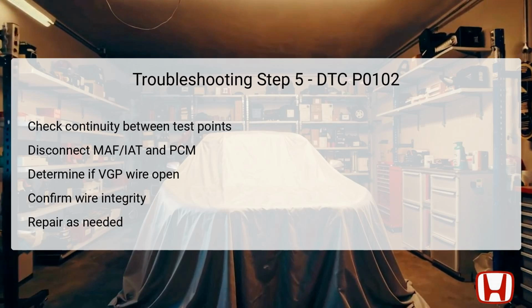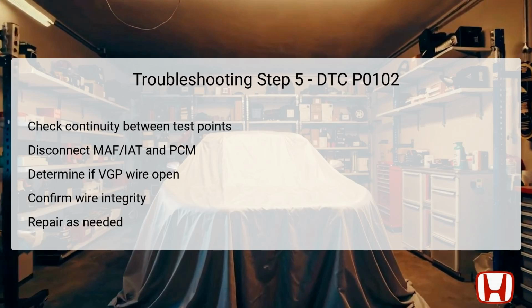The fifth step in troubleshooting involves yet another continuity check between the test points, keeping both the MAF IAT sensor 5P connector and the PCM-B connector disconnected. This test will confirm whether there is an open circuit in the VGP line, which would prevent the MAF sensor from operating correctly.